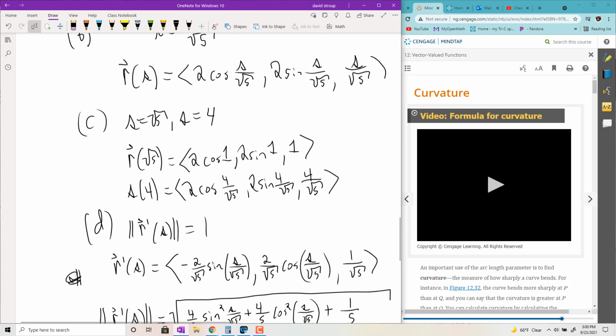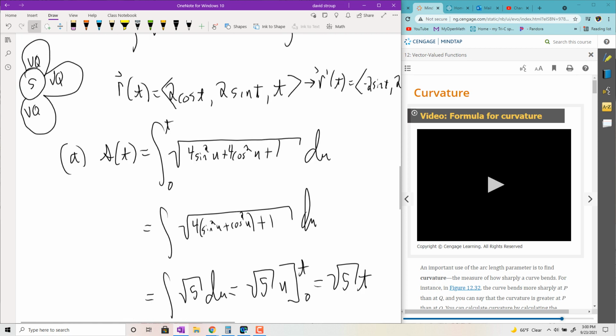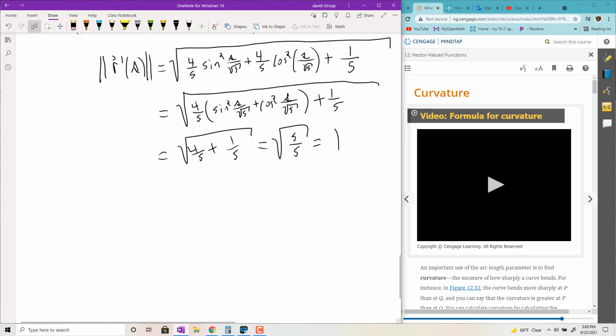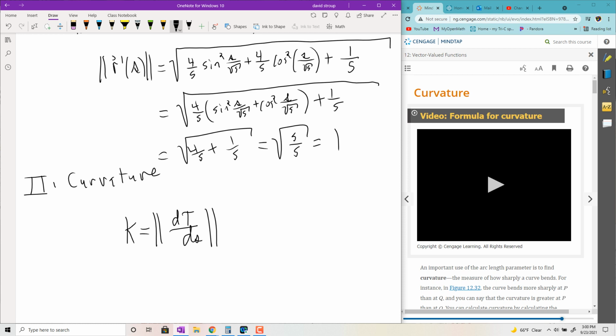Curvature is the next issue on the chopping block. So curvature is kind of the rate of change of the unit tangent vector. Curvature, K, is the magnitude of the rate of change of the unit tangent vector with respect to arc length.